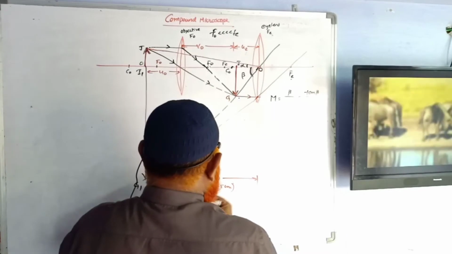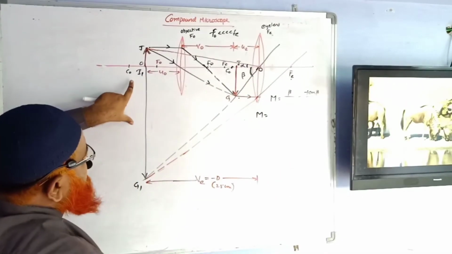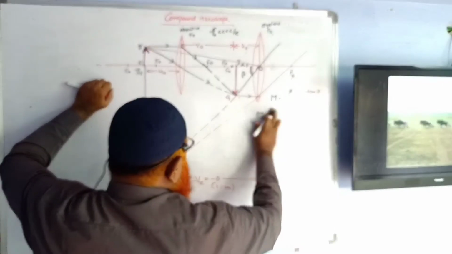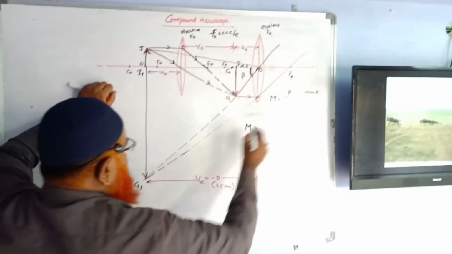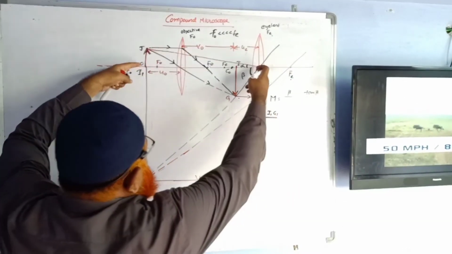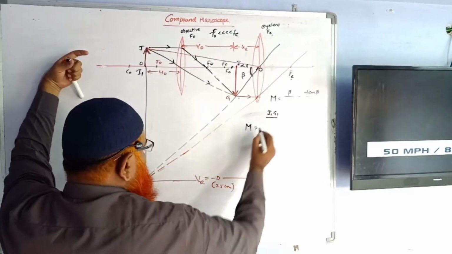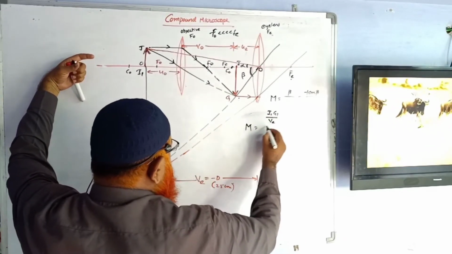Then what am I going to write now? Magnification is equal to tan beta by tan alpha. So what is tan beta in this case? Tan beta is I1 G1, the opposite side, over the adjacent side. The adjacent side is considered to be VE.